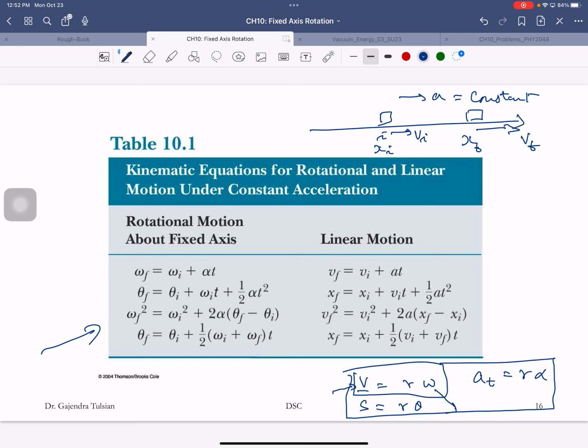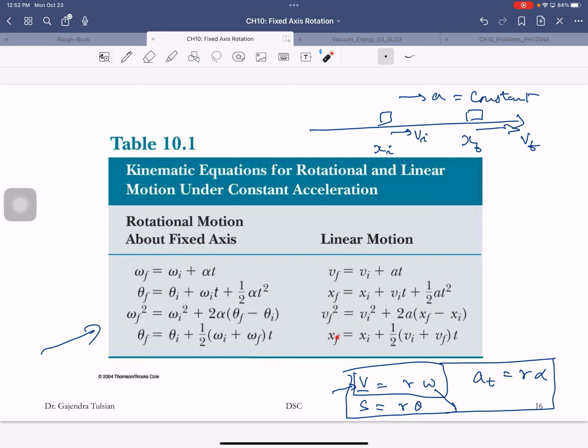But what we are doing in the next few slides is this: for linear motion, when acceleration was constant, you had an initial velocity and initial position, and a final velocity and final position. You had formulae that related these to these, or these could be calculated in terms of these.